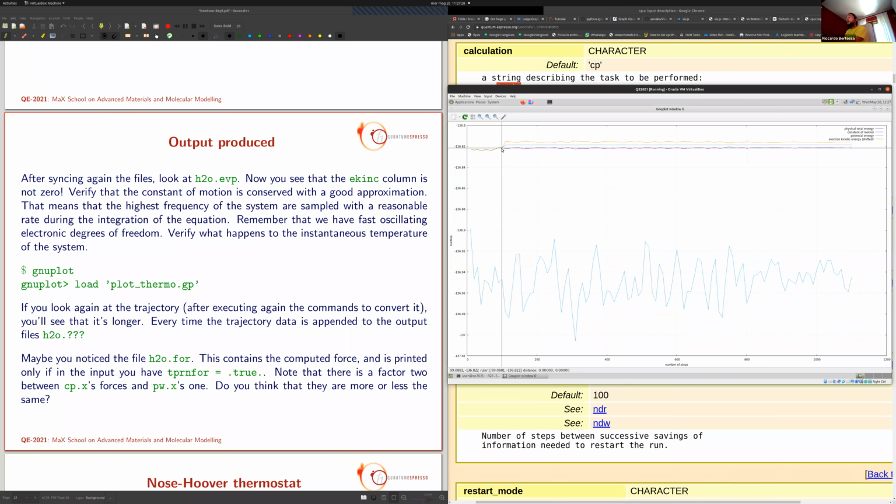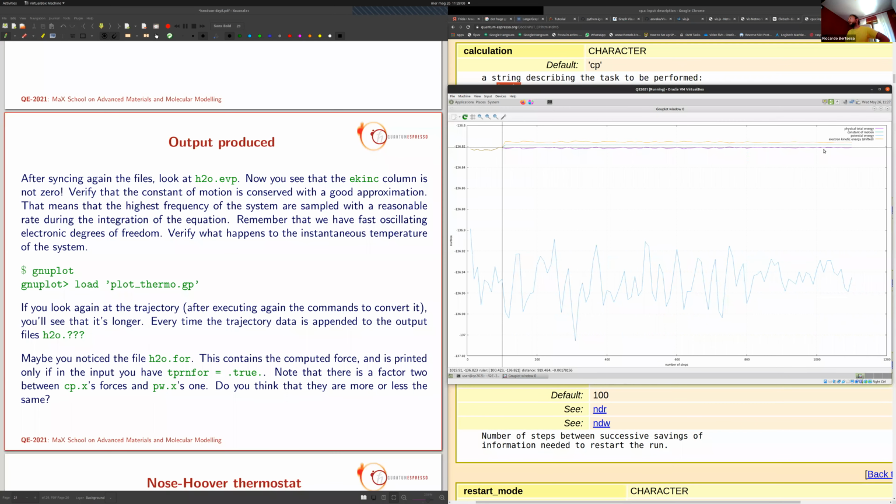Here there are the few steps that we ran before with the conjugate gradient algorithm. Then at this point we switched off conjugate gradient, we made the restart file, and from this point on we are now running the Car-Parrinello algorithm.